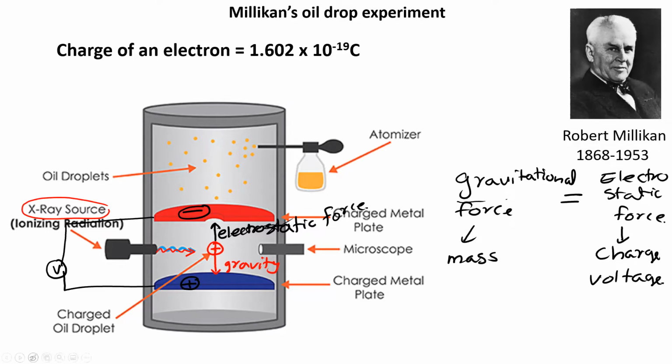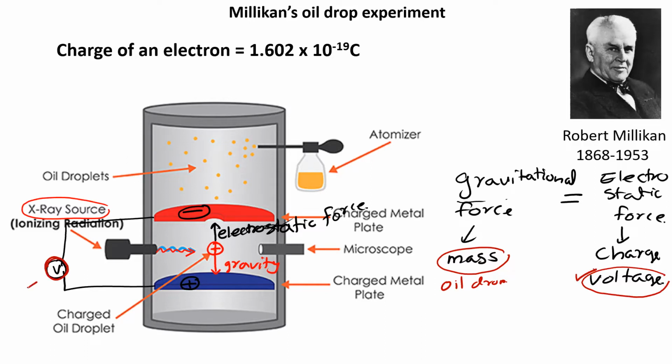Now I mentioned Millikan had previously measured how much mass the oil drop should have. So he has measured this mass. And then he can measure the voltage from this voltmeter.